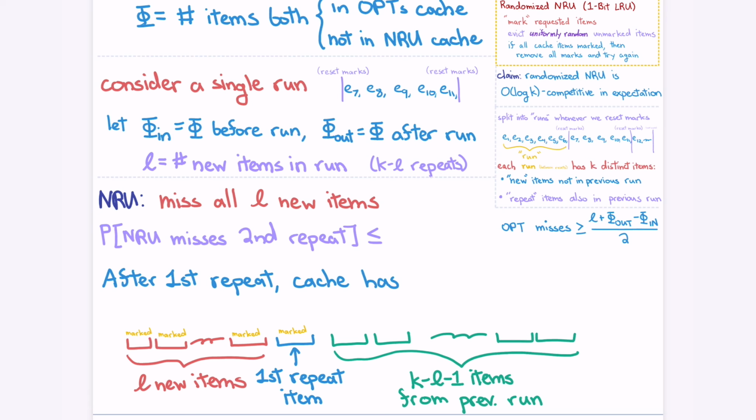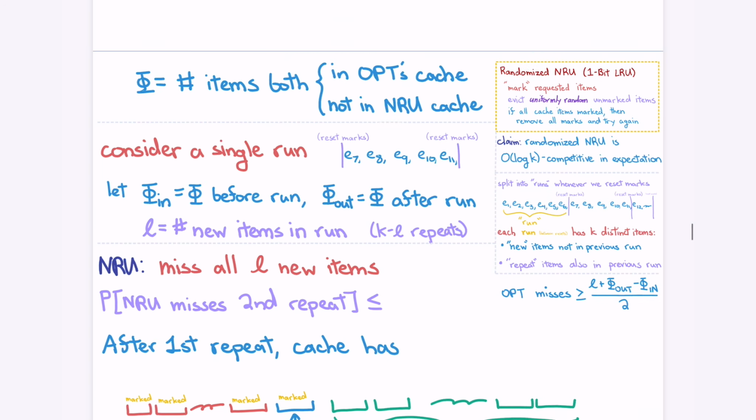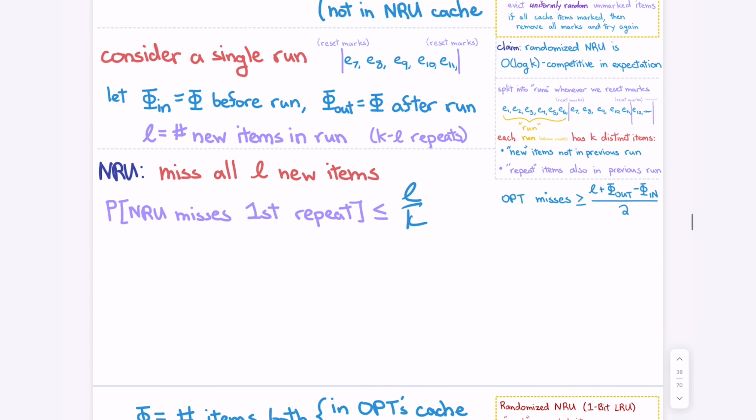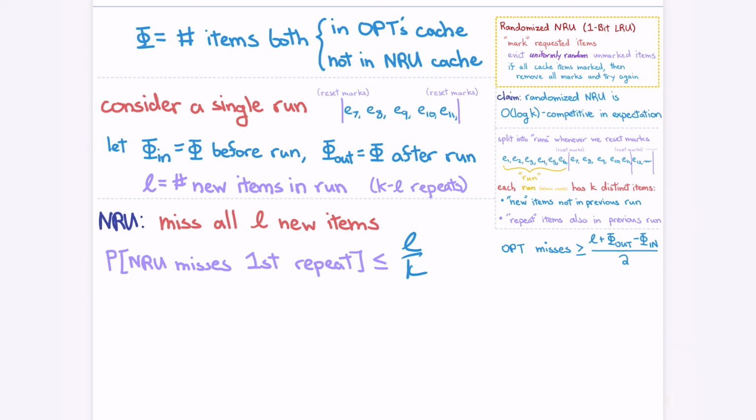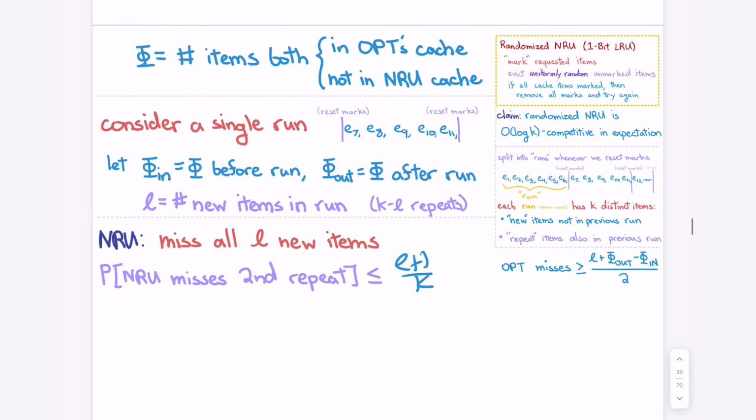Did I make a mistake? Oh, one sec. Okay, one sec. What I have written down, I lied, was L over K minus one.